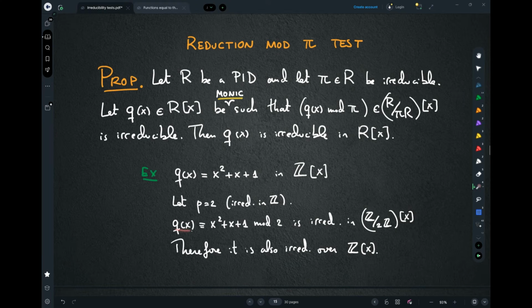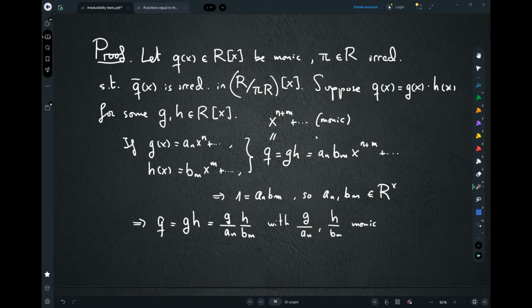Now this polynomial is taken modulo 2, so all the coefficients have been reduced modulo 2. This polynomial is irreducible here because this is F2, Z modulo 2, a field with two elements. And I just proved before that this polynomial is irreducible here. Since it is irreducible over this quotient, then it has to be irreducible over the integers as well. So let's give a proof of the reduction modulo pi test.